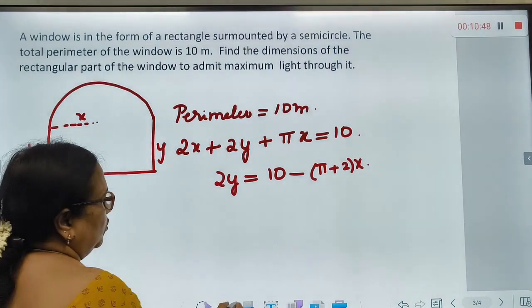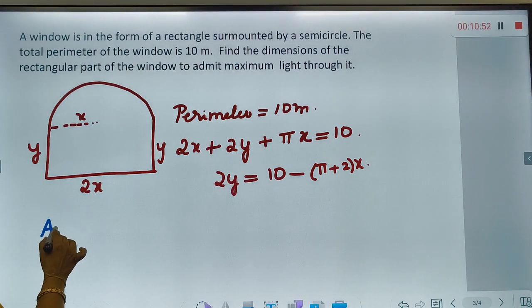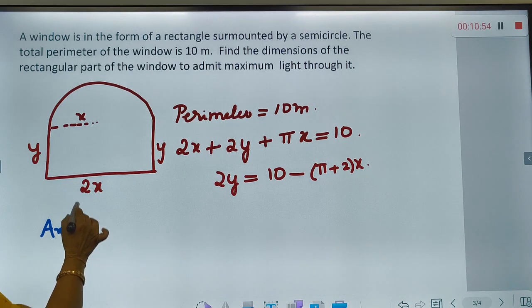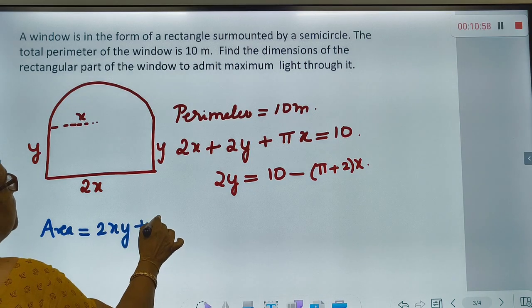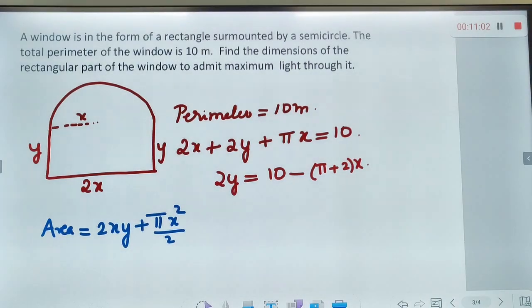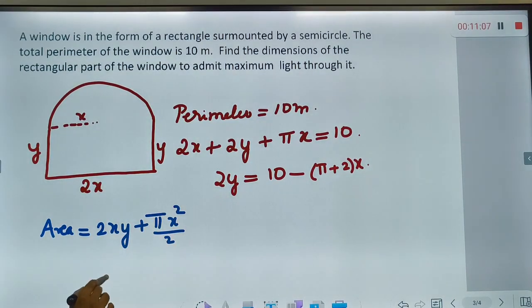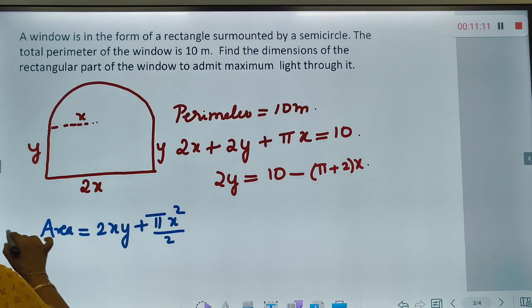What is it that I need to maximize? The area function. Now area equal to area of the rectangular portion, which is 2xy plus pi into x square by 2. Area of a circle is pi r square. For a semicircle, it is pi r square by 2. As you can see, it is a function of x and y.